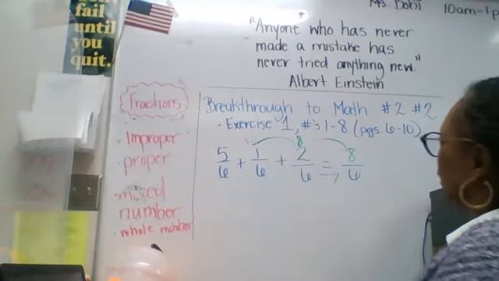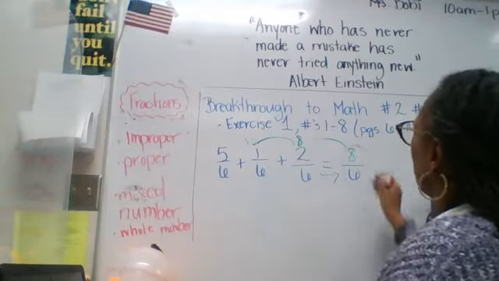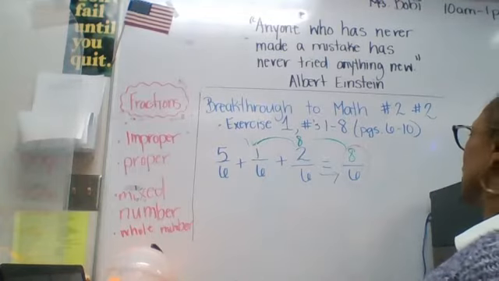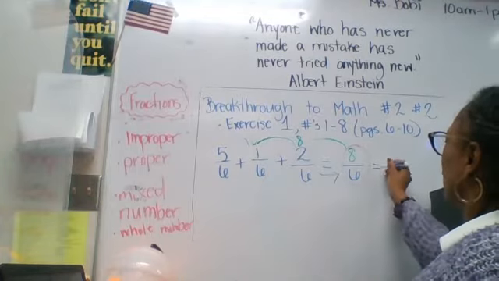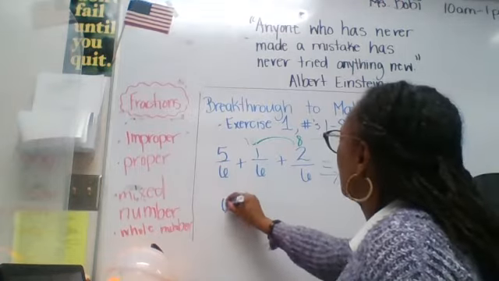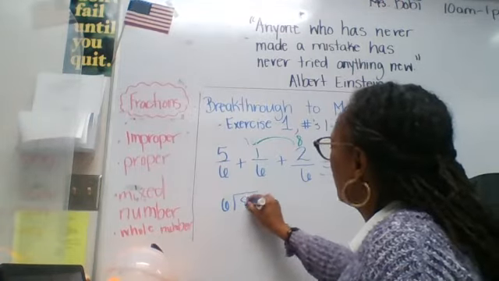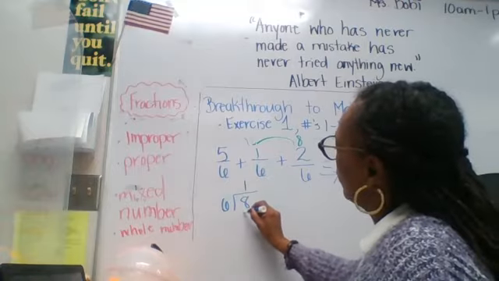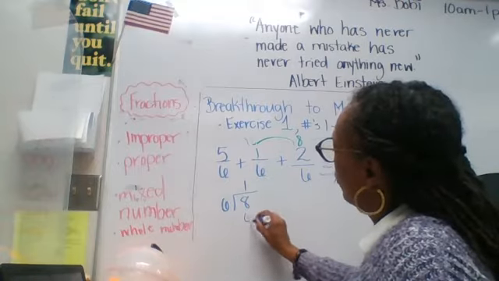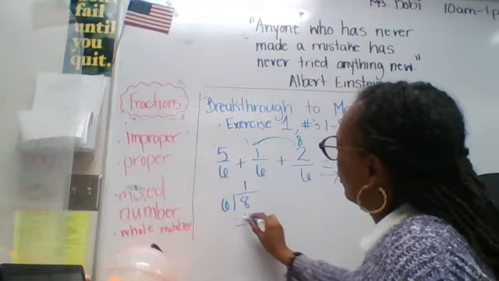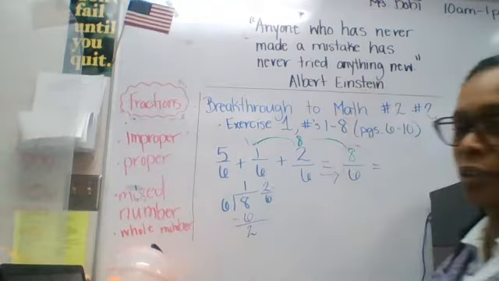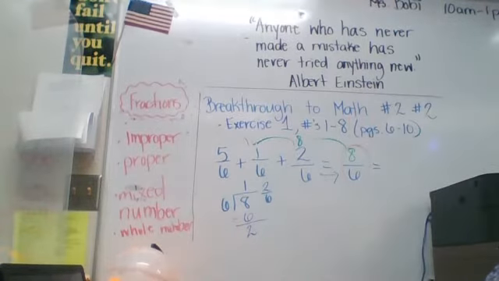But that means that it is not what? Proper. So we must do something to it. We have to divide 6 into 8, and let's see what will happen. That denominator, right? So 6 goes into 8 once, leaving us 2. 1 and 2 sixths. Oh, but there's something else going on there. God forbid.